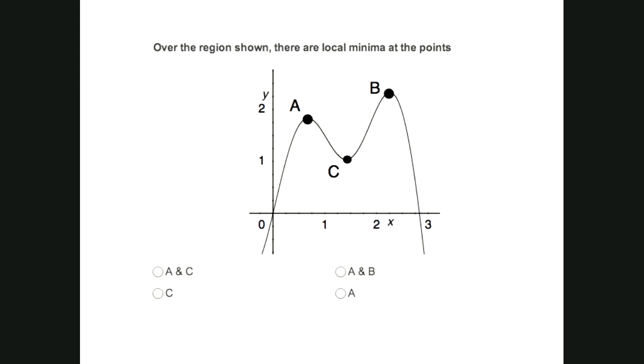In this problem, it says over the region shown, there are local minima at the points. Well, there's a local min at C. These would be local maxes. Now somebody would say, isn't this a local min? No, that would be an absolute min because it is the lowest point on the graph.